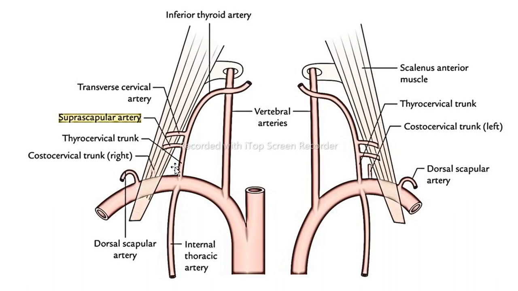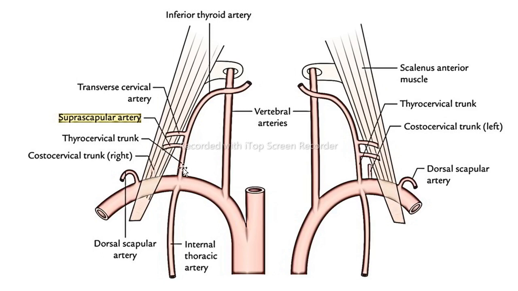So remember, the thyrocervical trunk gives the transverse cervical artery and the suprascapular artery. The costocervical trunk gives the deep cervical artery and the superior intercostal artery. It's a little tricky to remember.